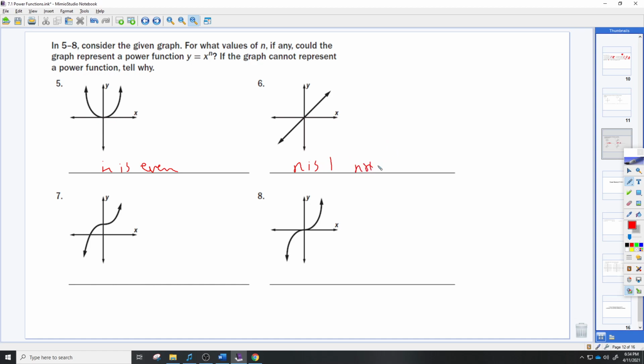So not a power function. We're only talking about numbers that are bigger than or equal to 2. This one would not be a power function. It's not the origin. So not a power function.